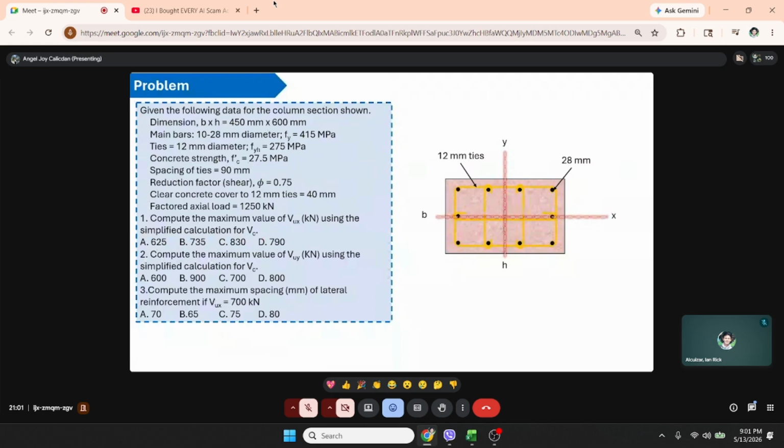When it comes to columns, it can bend in the X or in the Y direction. So there is shear in the X direction and shear in the Y direction. So, both axes are checked, and the problem indicates which one is to be found.